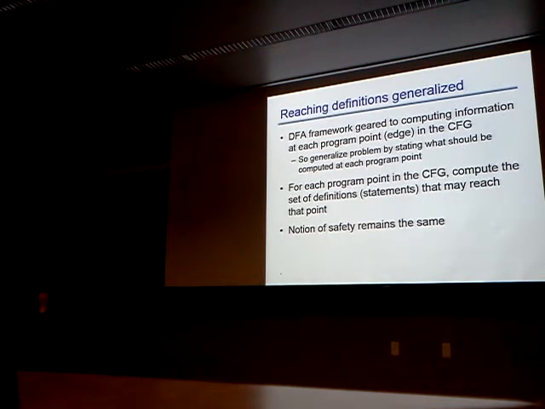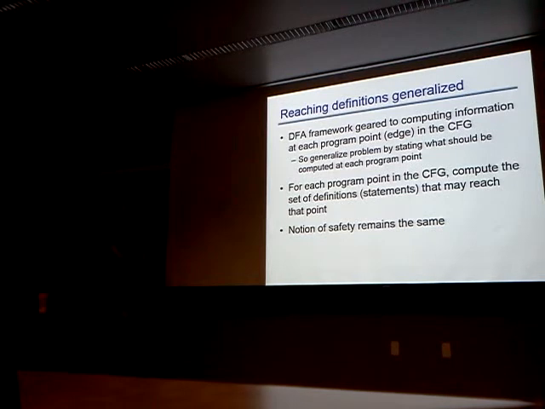Okay, so now we did one example where we just came up with the answer we really wanted. The reality is, data flow analysis frameworks are geared towards a stylized form of information that they compute. There are different versions of this, but the one we're going to see is a data flow analysis framework that computes some piece of information at each program point.